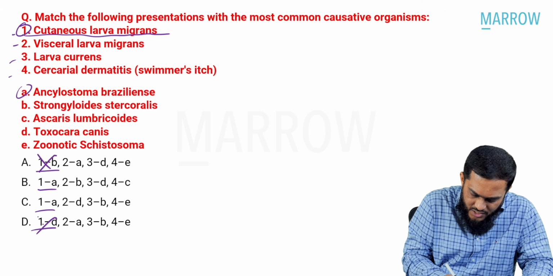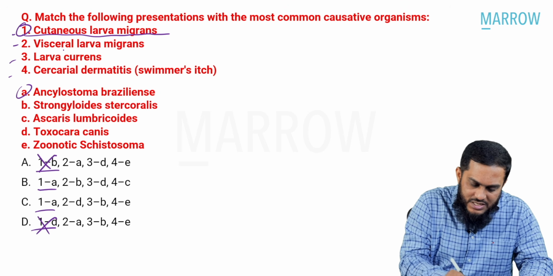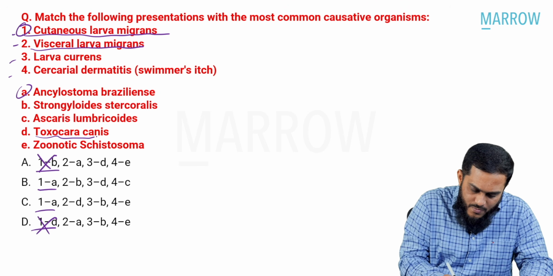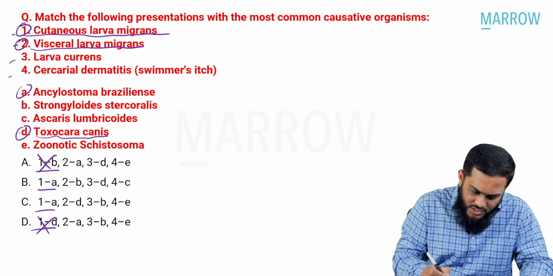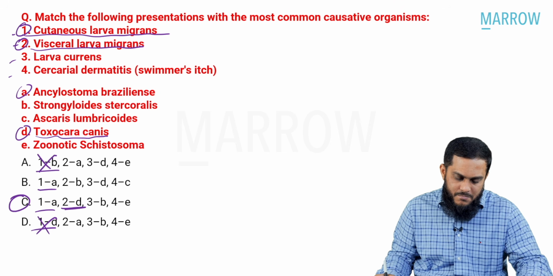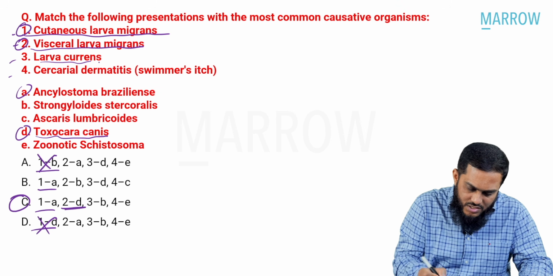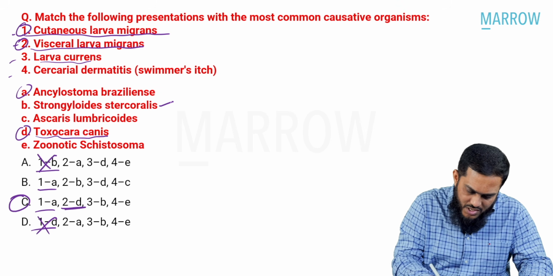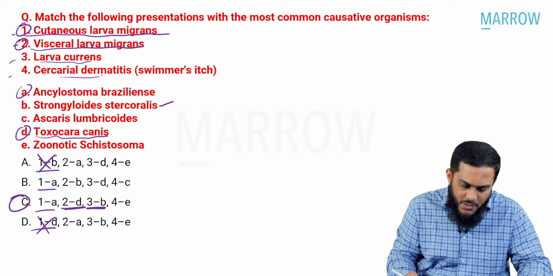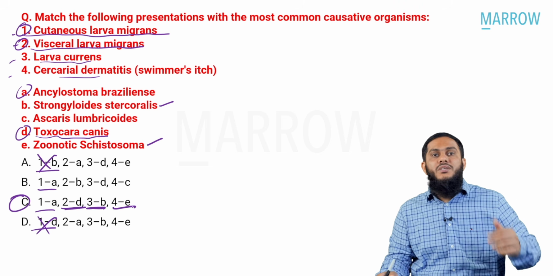I will rule out A and D, so B and C. Visceral larva migrans, Toxocara canis, goes with 2 and D. I got option C. Then 3, larva currens, is Strongyloides; 3 goes with B. Everything will fall into its place. Cercarial dermatitis goes with Schistosoma: 4 goes with E. Option C is the right answer.